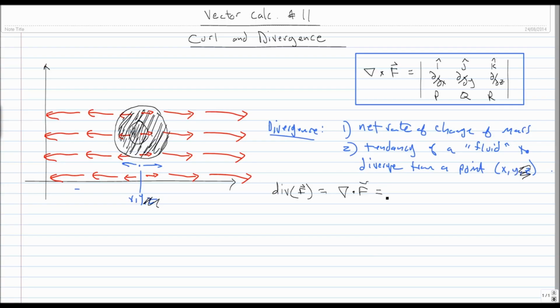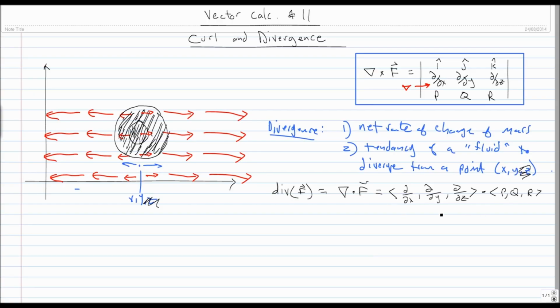Again, this vector up here is del. It's not a real vector, it's just notation, but it helps you remember how to compute this rather than remembering formulas. So it's basically the dot product between this vector and your vector field.